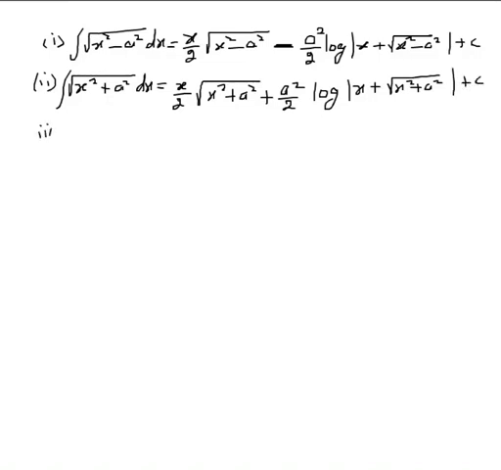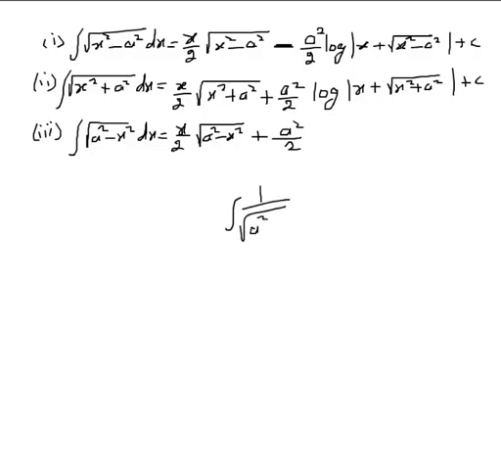And then third formula, integral root of a square minus x square dx, x by 2 root of a square minus x square plus a square by 2. The integral of 1 by root of a square minus x square formula was sine inverse.